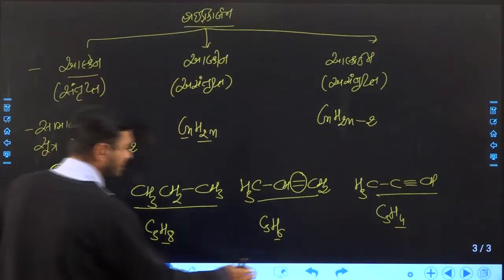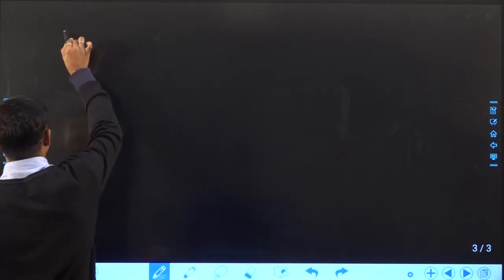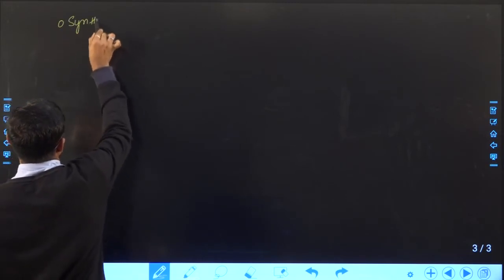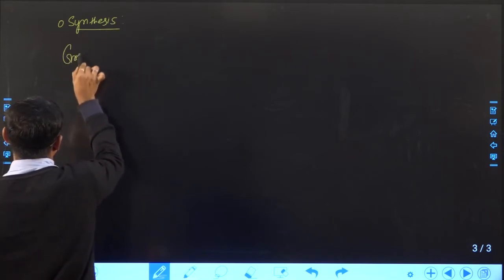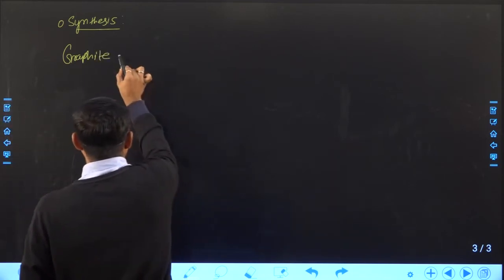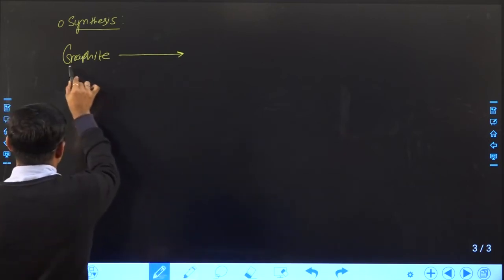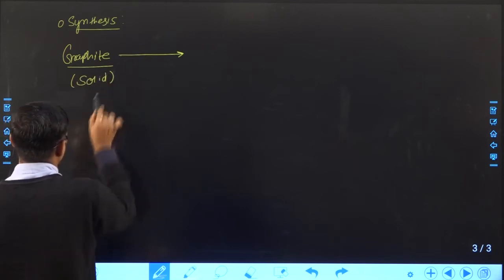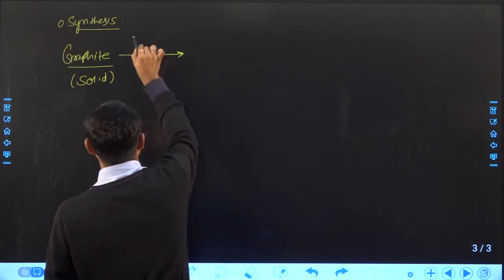You can see here, suppose we have graphite. If we sublime the graphite, a sublimation process, we know that when a solid substance is converted directly into vapor, it is called sublimation.